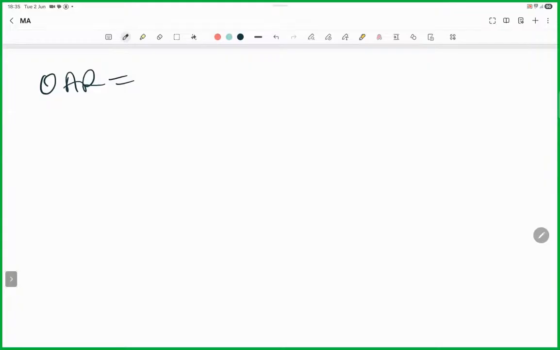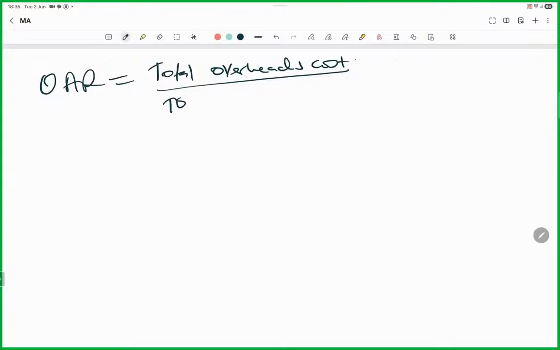Overhead absorption rate. So in this case here, what will we do to get it? We shall take the total overheads, total overhead cost, and divide by the basis, and the basis is labor hours, isn't it? Total labor hours.